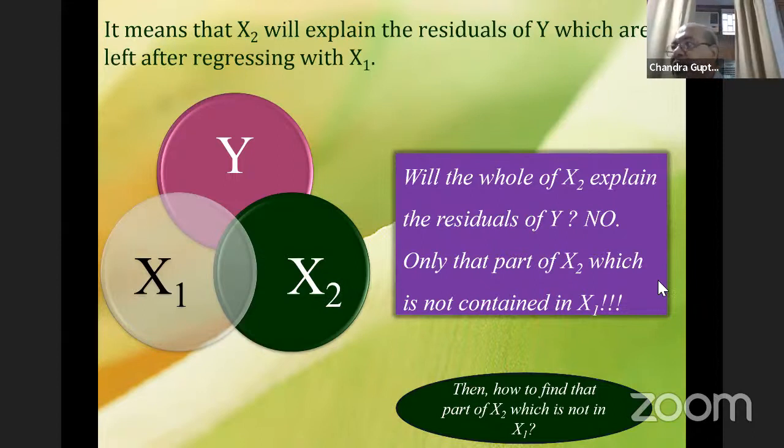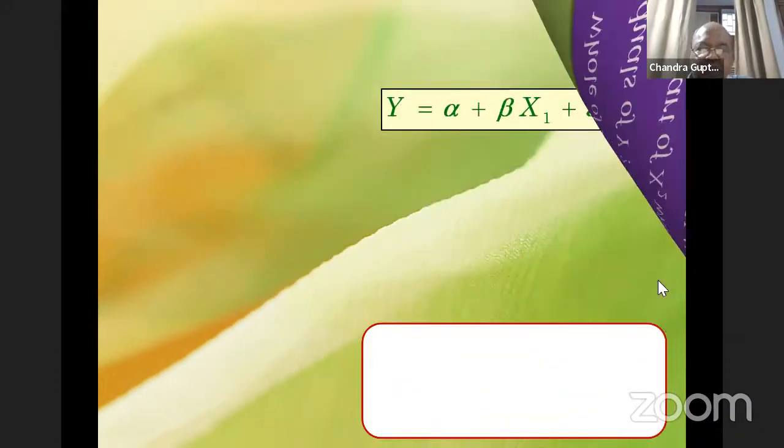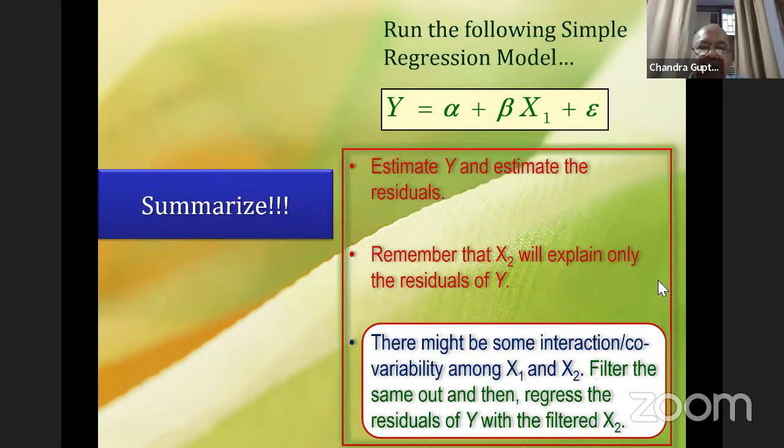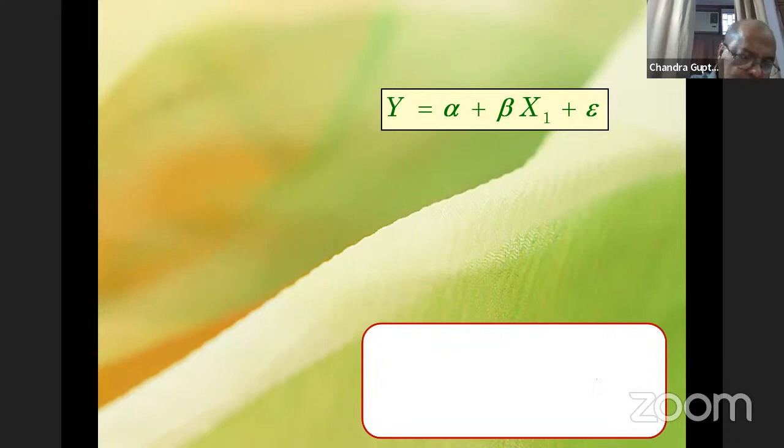Then how to find that part of x2 which is not in x1? For that, you can regress x2 on x1 and get the residual, and that will give you what is not explained. So let me summarize what I'm doing.